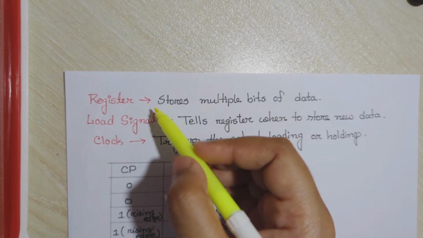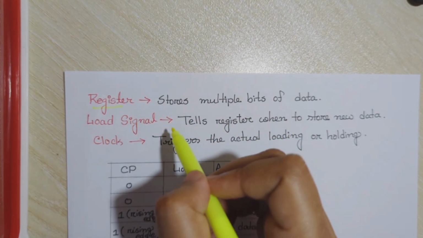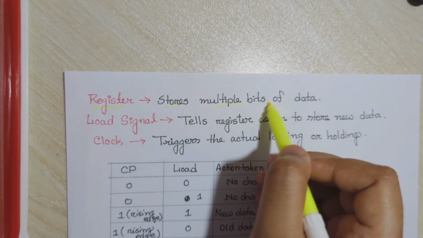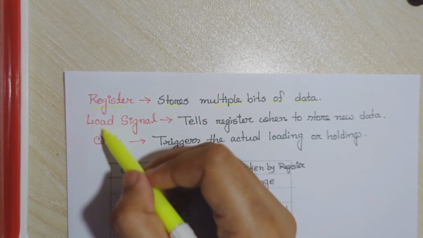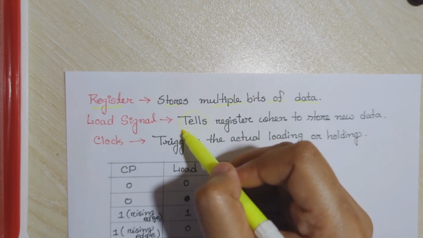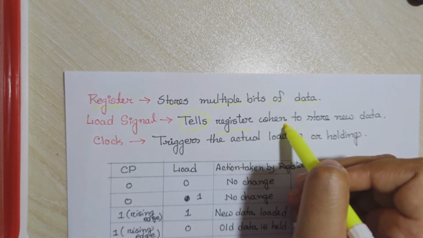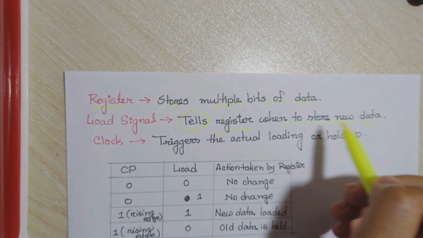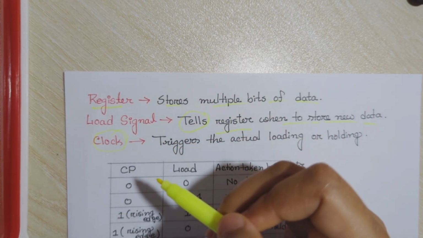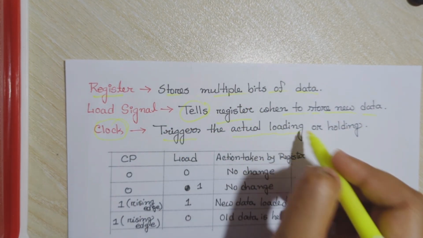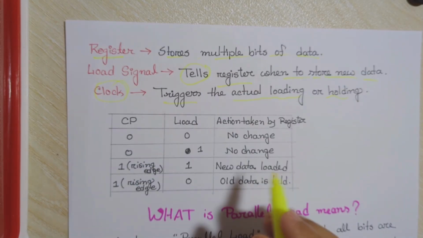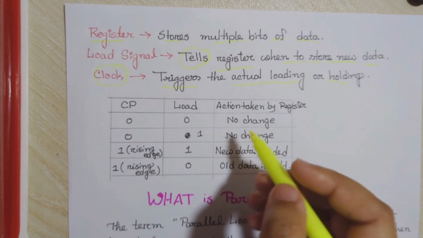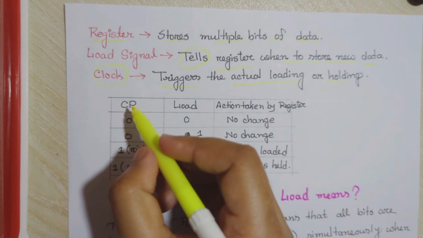Now let's see the functions of these things. What does the register do? It stores multiple bits of data. What does the load signal do? It directs the register when it needs to store new data. And what does the clock do? It triggers the actual loading or holding. Let's see a table to understand it more clearly. Suppose this is a clock pulse.